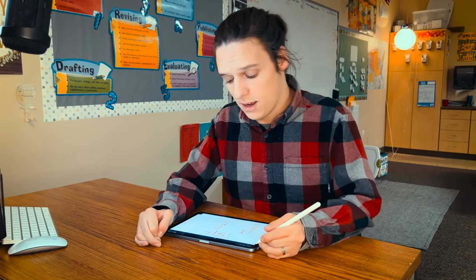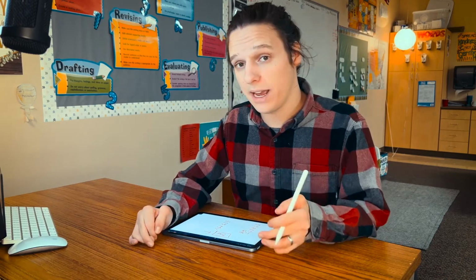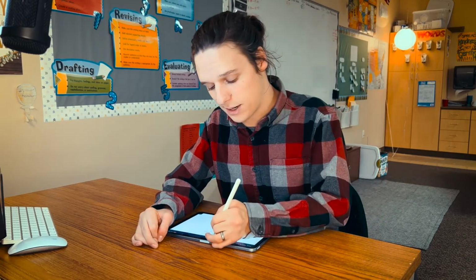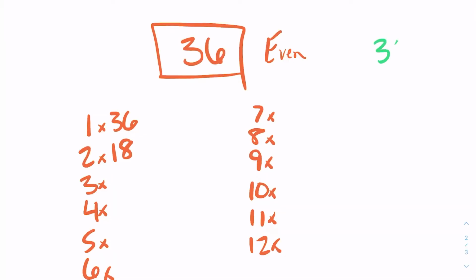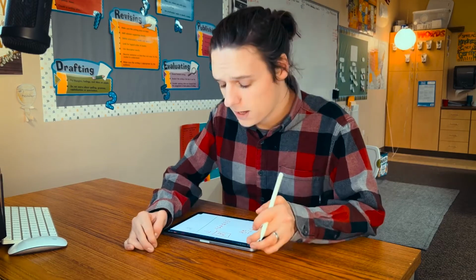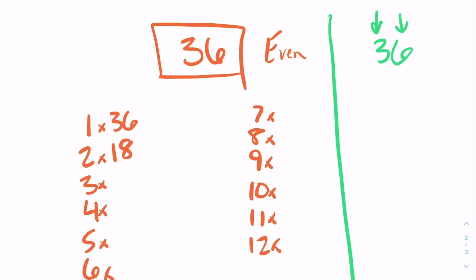Next, 3. 3 can go in it, and there's actually a little secret that I'm going to show you off to the side here. So, with the number 36, I'm going to draw a big line here. With the number 36, if we take both of these digits and add them together, so 3 plus 6 is equal to 9.